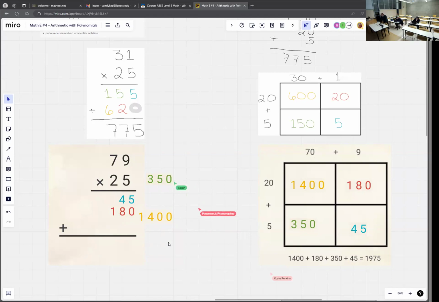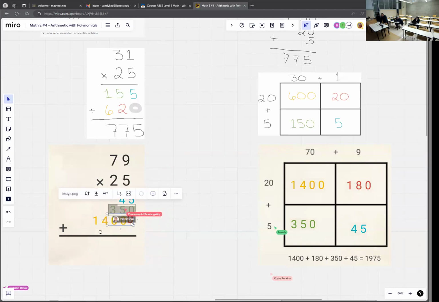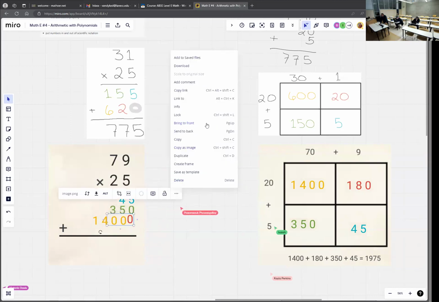Whoops, I just saw a syncing message, so things are not working. You need to take the red one and send it to the front.